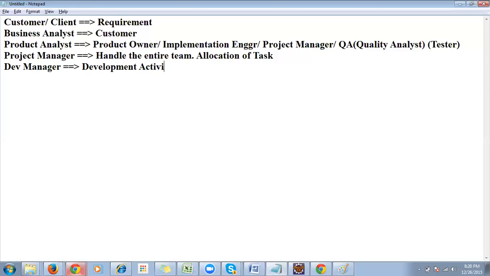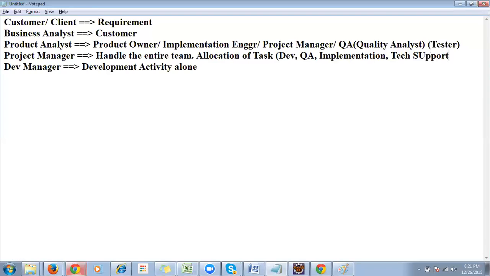The project manager is into the entire team process, handling all the teams: the dev team, the development team, then the QA team, then the implementation team, and then, for example, tech support.